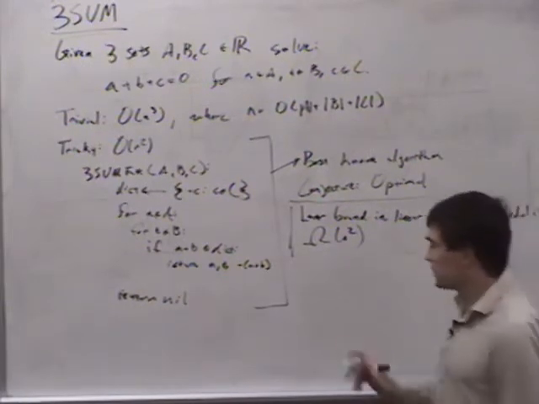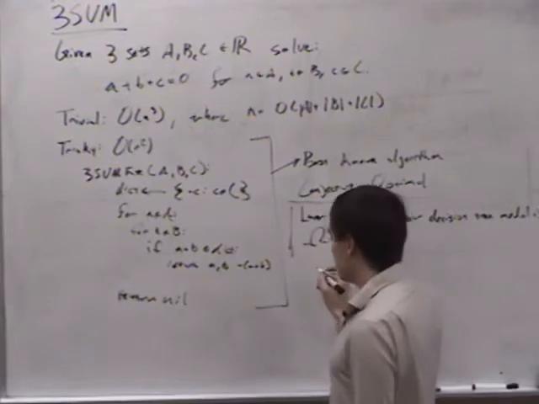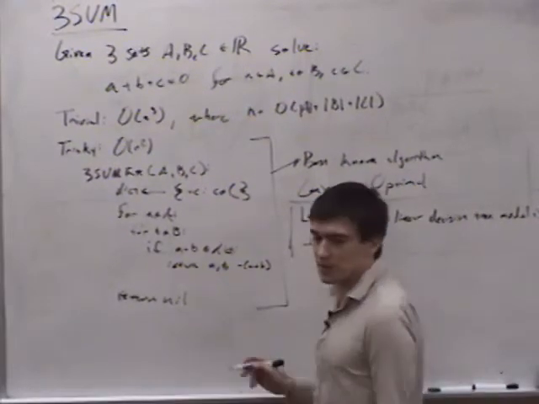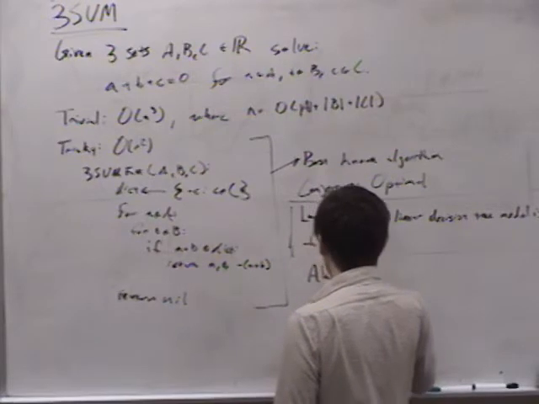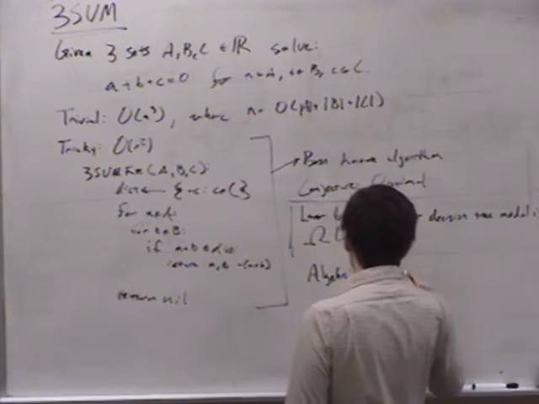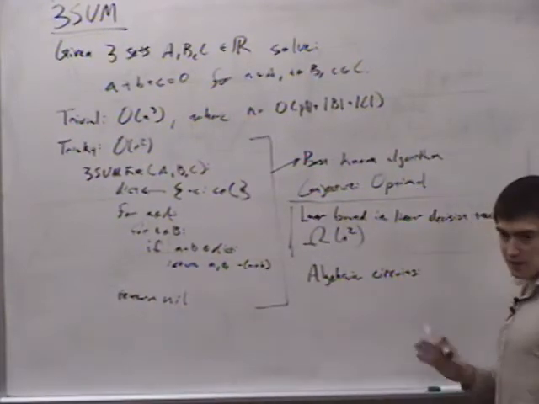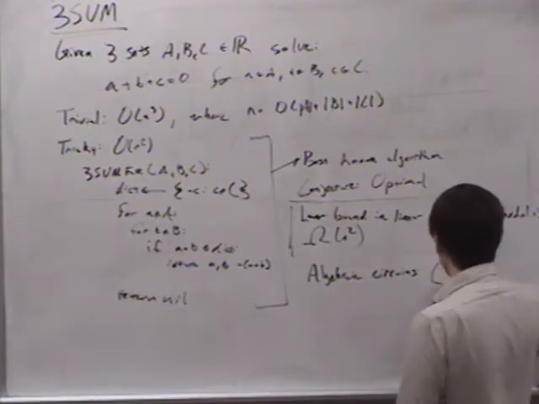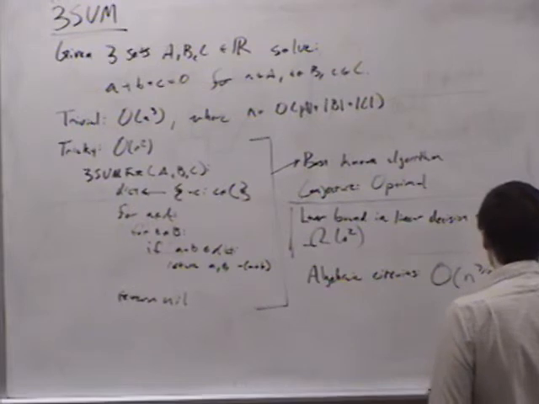And I'll say another thing too. There are actually some weird results here. There's a more advanced model of computation called the algebraic decision tree model, or we'll just talk about algebraic circuits. It turns out there's an algorithm in this more advanced model of computers which solves this problem in order n to the 3/2 log n time.